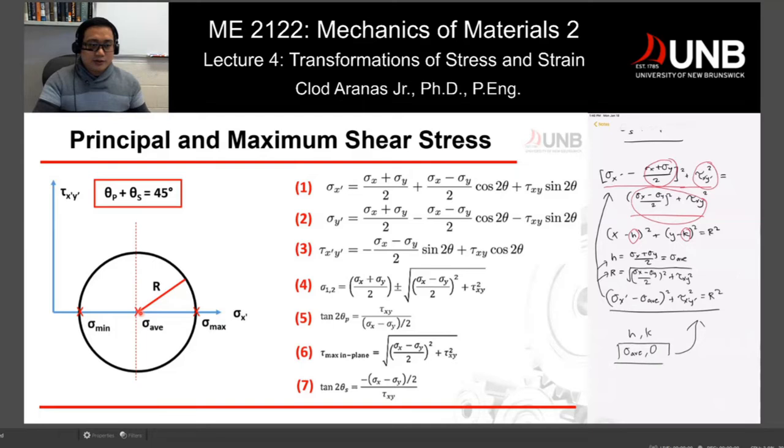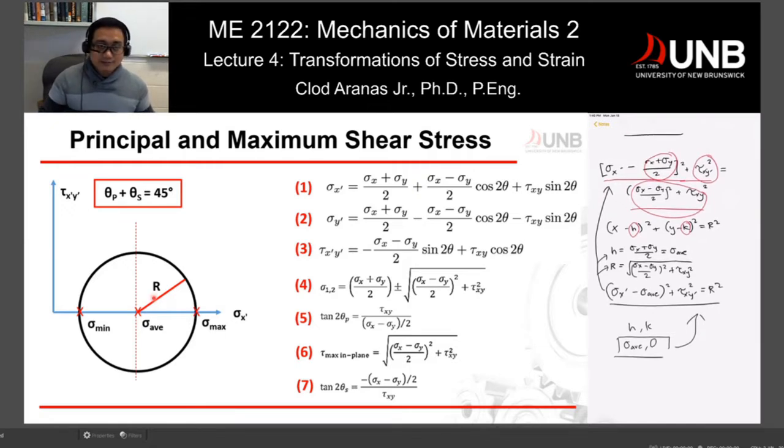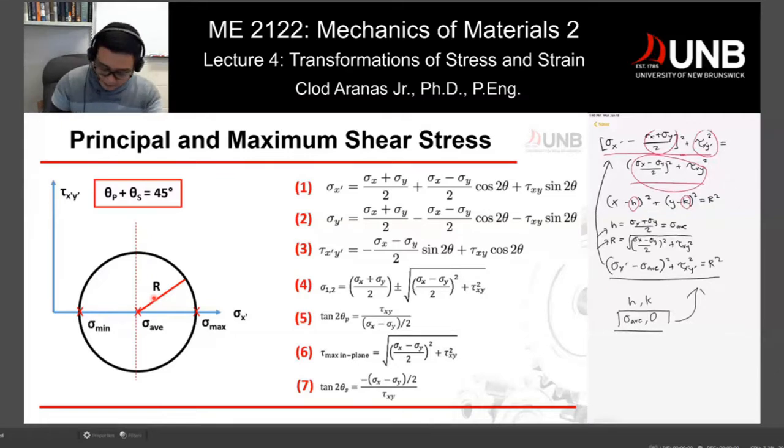Looking at this equation, we can easily say that our maximum, which is this point, is your average stress plus the radius of this circle, which is defined by R. So our maximum stress would be equal to your average stress, which is the center of your circle, plus r.